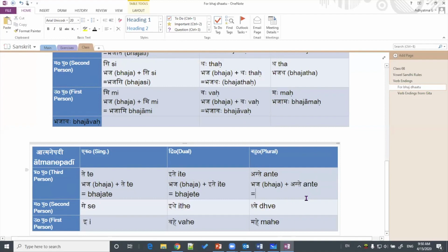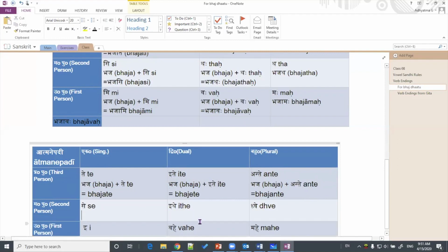Same thing here. It's bhaja plus ante. It should become bhajante as per the rules, but again the same exceptions apply here. So it's bhajante, not bhajante. And here we have bhajase.